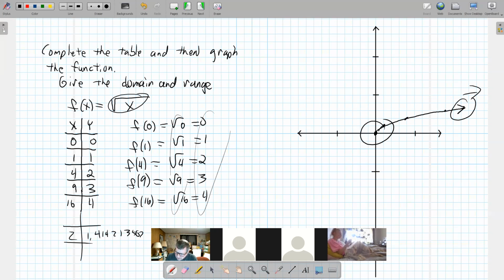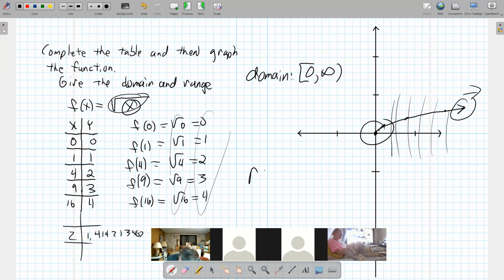So the domain starts at 0 and goes to infinity. The x values start at 0. In other words, I can put 0 or anything larger inside the radical and get a real answer. So there's my domain.